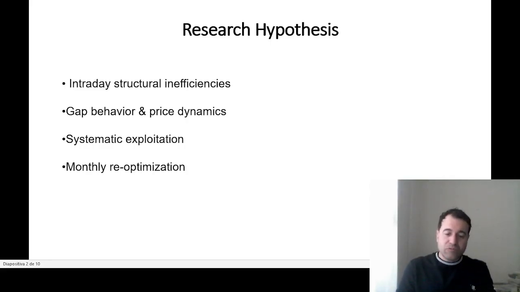Time series momentum has been extensively documented in academic literature as a persistent and economically meaningful return premium across asset classes. However, practical implementation often suffers from methodological weaknesses, including survivorship bias, look-ahead contamination, parameter overfitting, and insufficient out-of-sample validation.